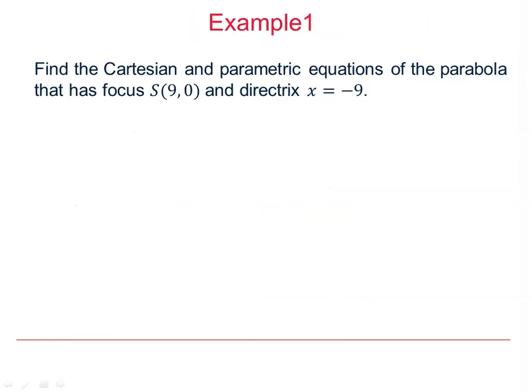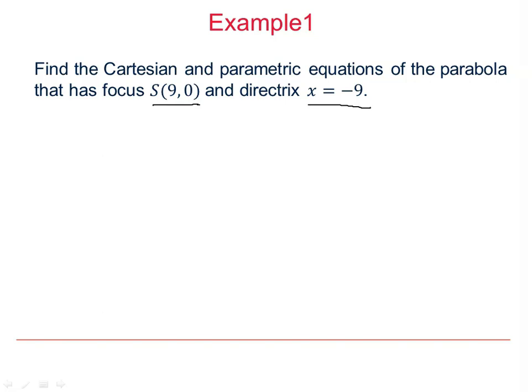Well, here's a fairly typical example which uses those facts. Here we have to find the Cartesian and parametric equations of a parabola which has focus at (9, 0) and directrix equation x equals negative 9. Well, either of those can be used to show us that a must be equal to 9.